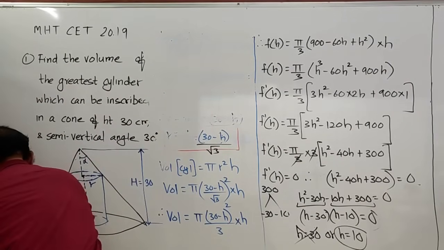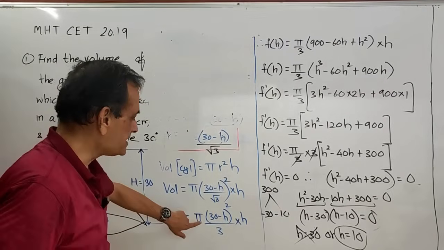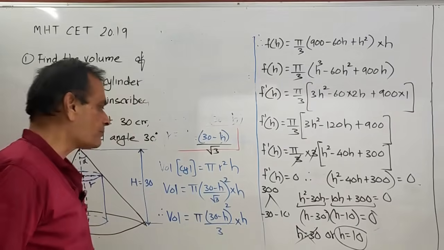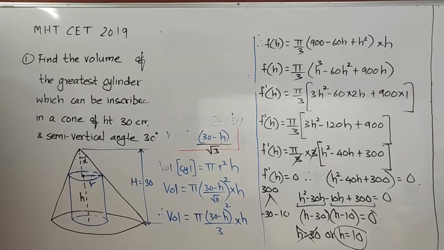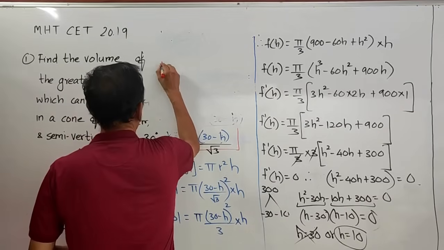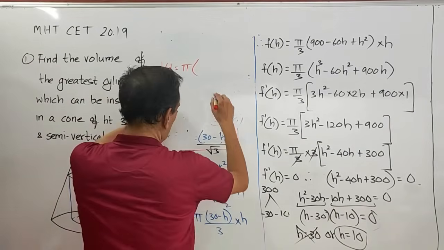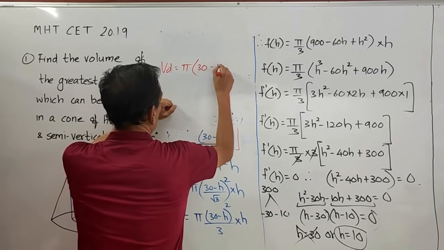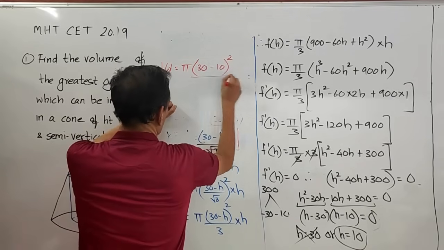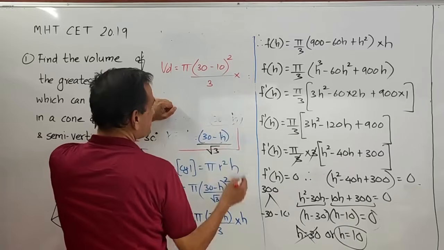So let's write the formula. Formula is here. Volume is this, pi into (30 minus h) squared into h upon 3. We will substitute here. Okay? It will become simple. So volume of the cylinder is pi into the value of h we just found out. Again h is 10.